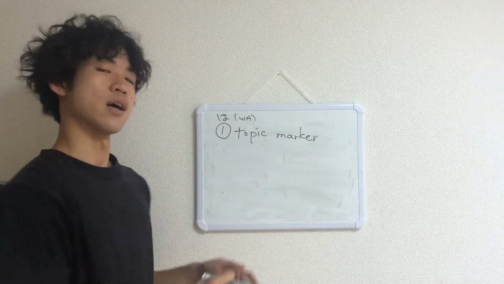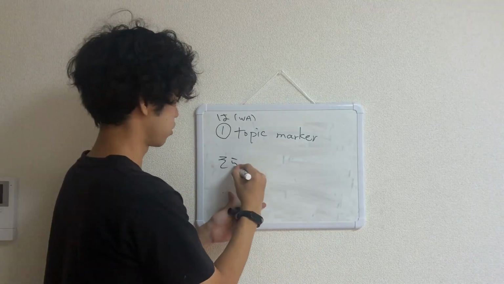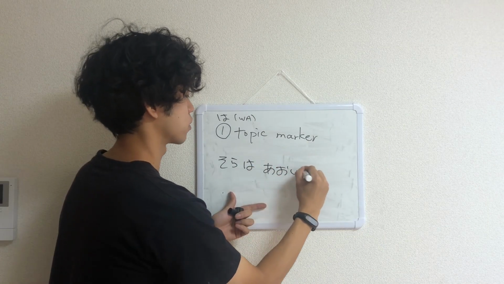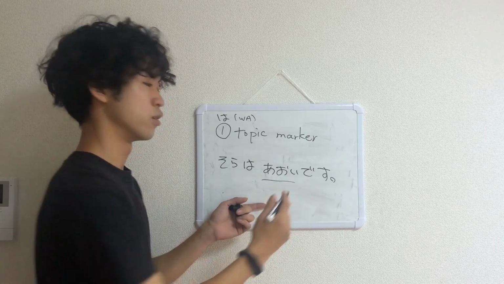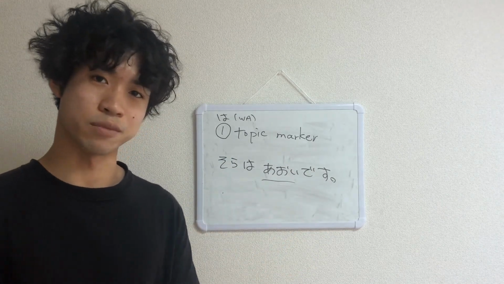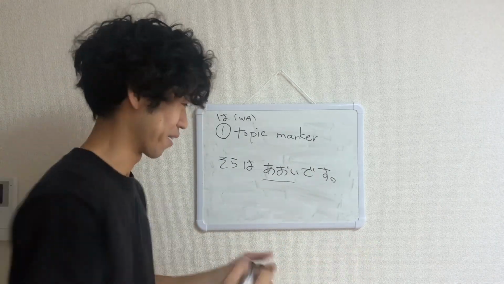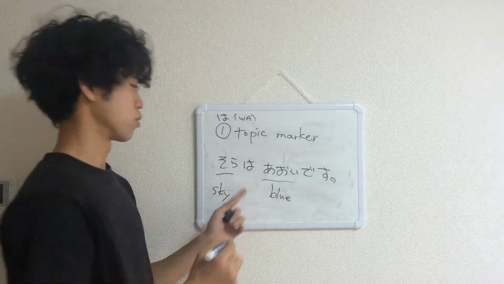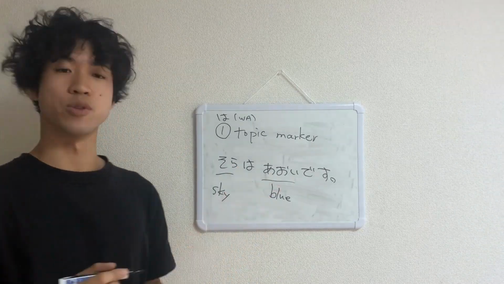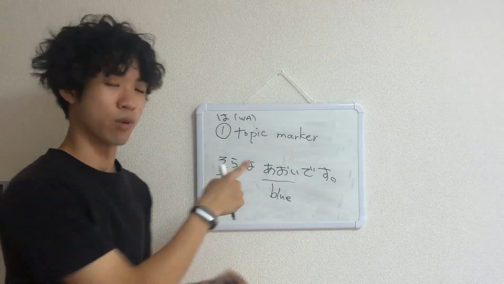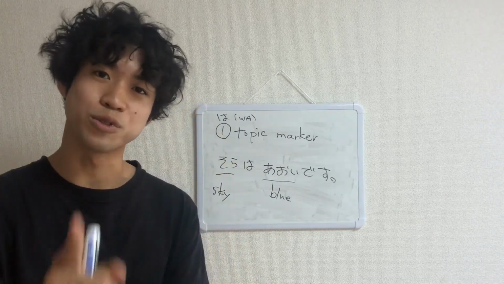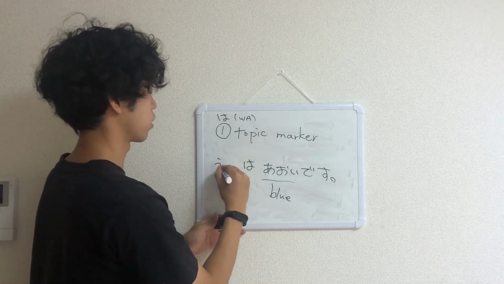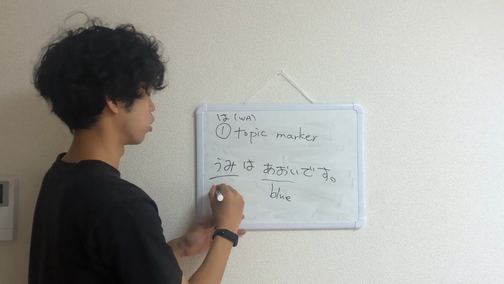空は青いです。青い means blue, if you are on a duolingo or something, you should know blue, right? 空 means sky. So as for the sky, it's blue. I'm talking to you using wa because I assume you know what sky is. Same goes. 海は青いです。Ocean.